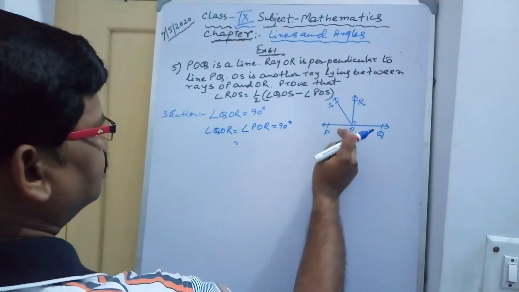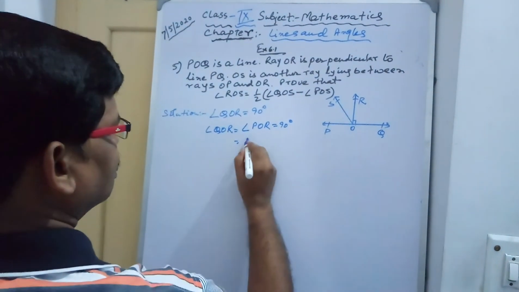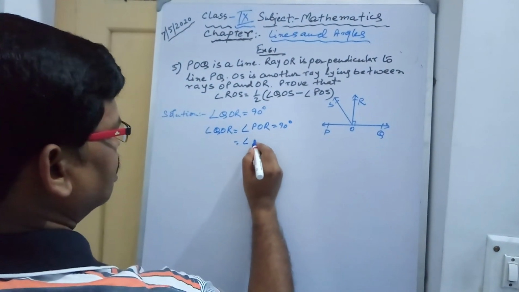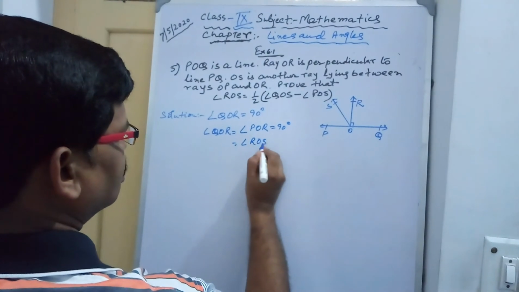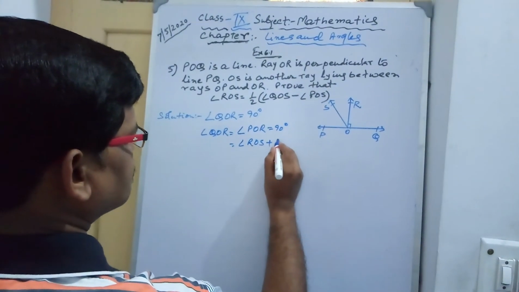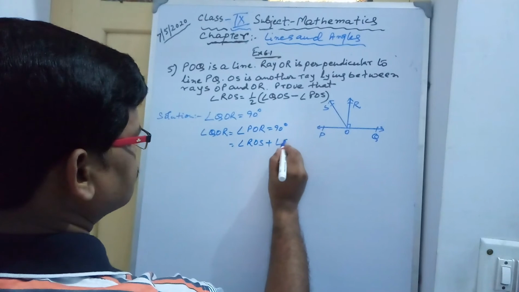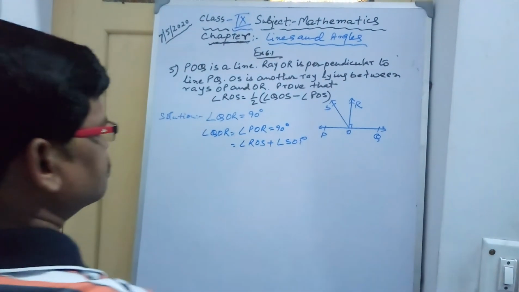This POR is the sum of angle ROS plus angle SOP.